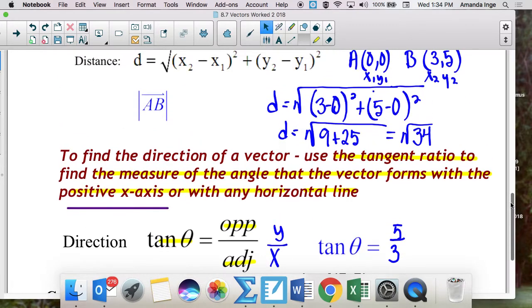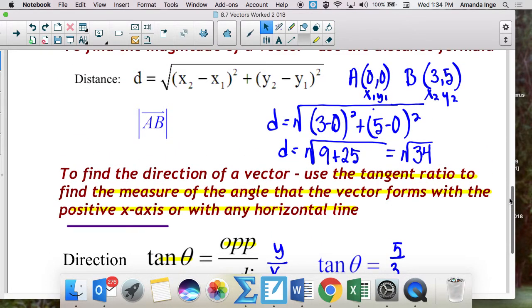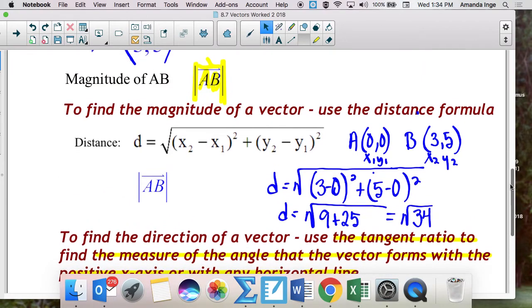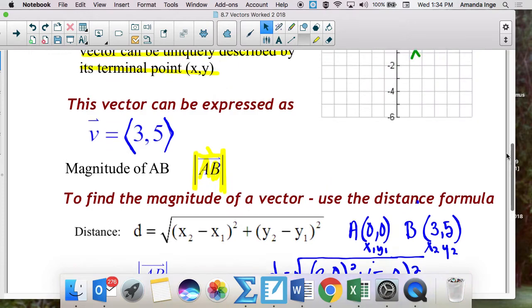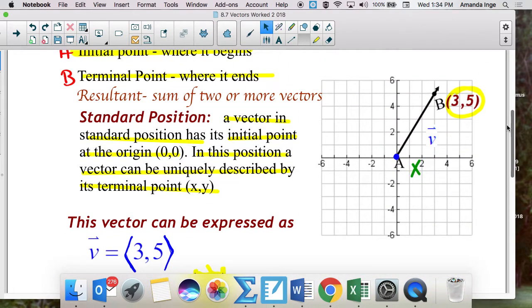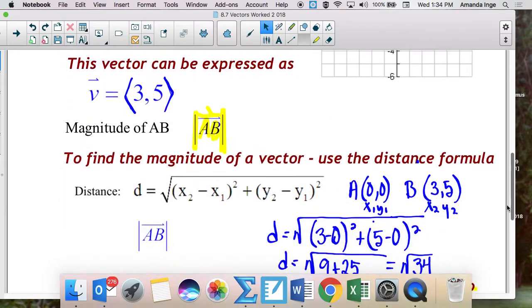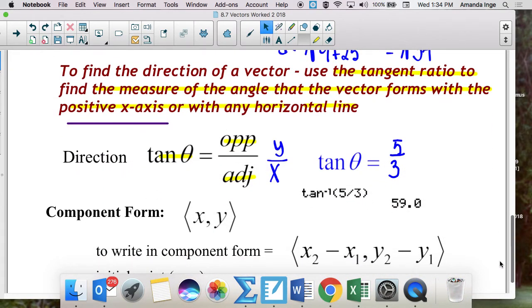So in this case, the vector was in standard position, and we got the origin at A and the ending point at 3, 5. So we're going to use those points 3 and 5.